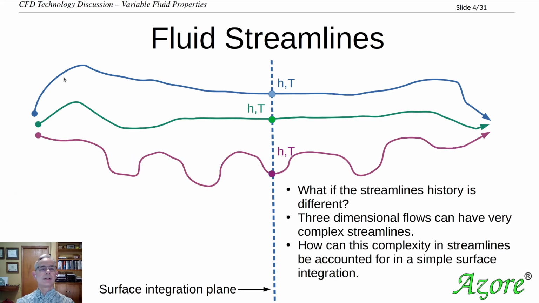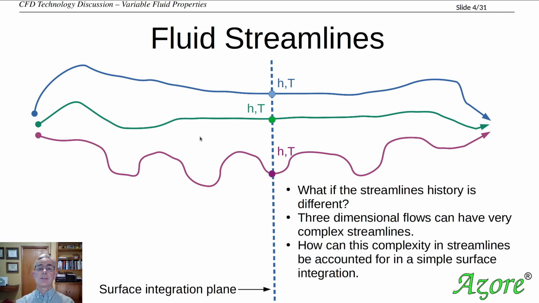Just to extend this concept a little bit further, we have three path lines here, and sometimes the path lines that may eventually cross your integration plane could have a very different history from one another. You can see where this one is a little bit longer than the rest of these.